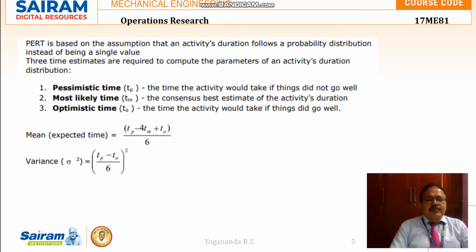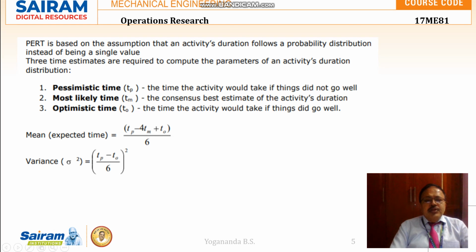But as we said earlier, PERT has three time estimates: pessimistic, most likely, and optimistic time. Pessimistic time is the time the activity would take if things did not go well. Because of difficulties faced in the activities, the time taken by the activity will not be predictable.